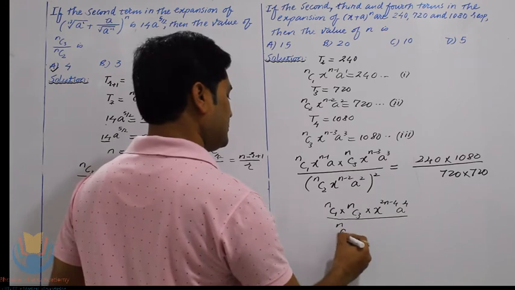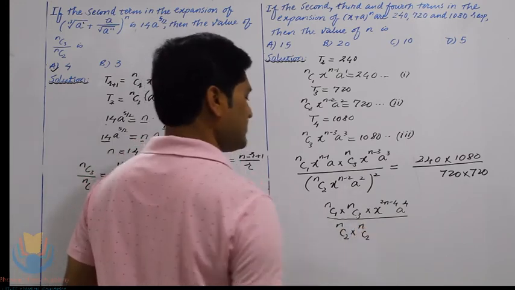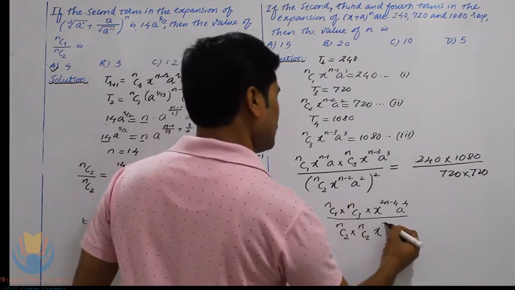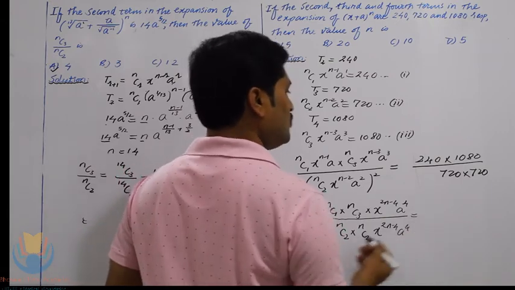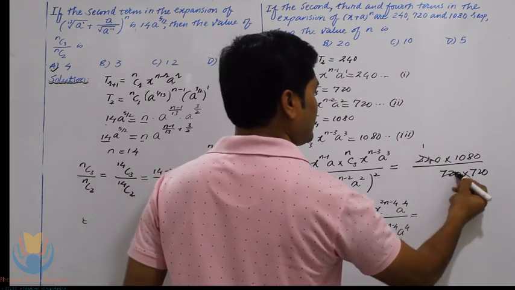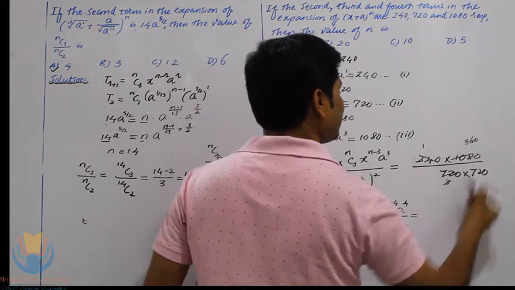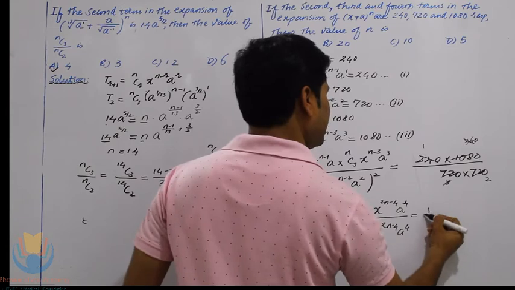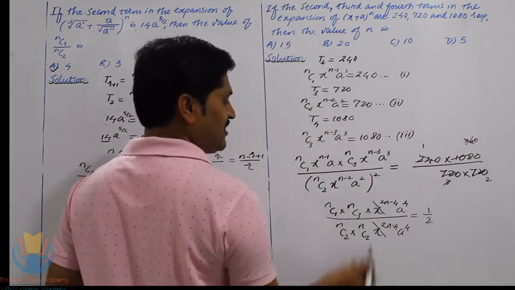So nC2 we will write twice as its square is there, and x raised to 2n minus 4, and a raised to 4, which is equal to, so on the right hand side 240 ones are 240, 3 ones are 3, and 360s... so the right hand side is simply half.